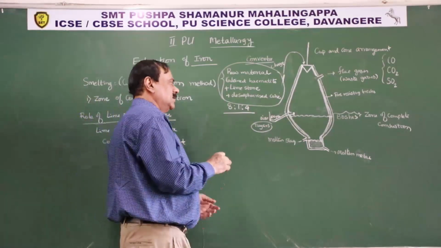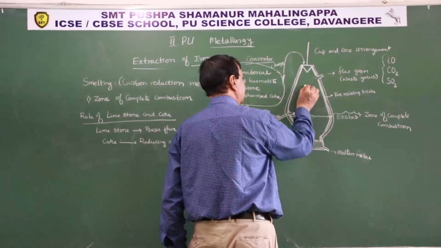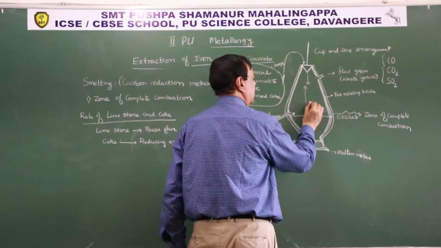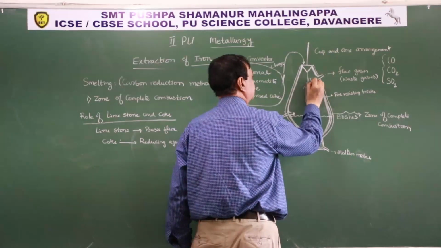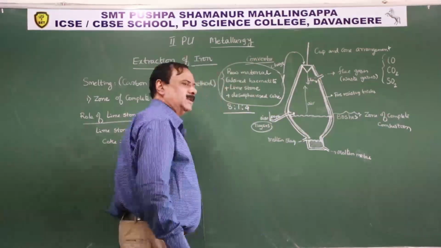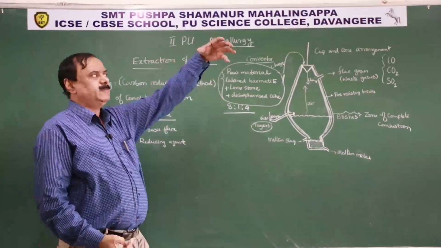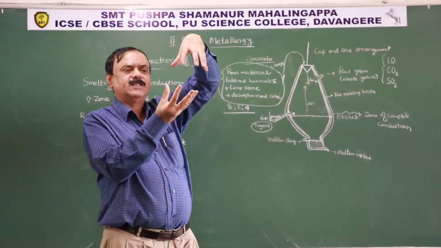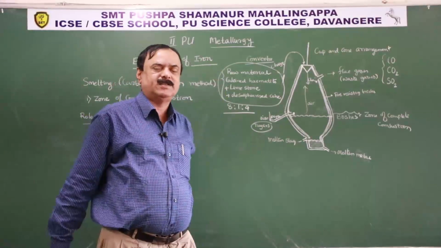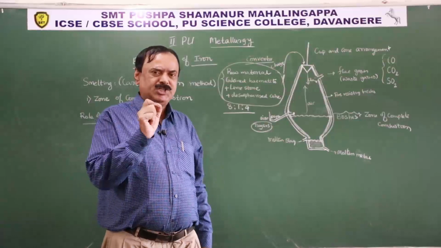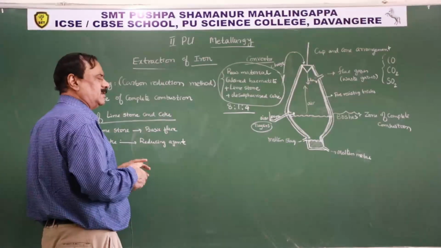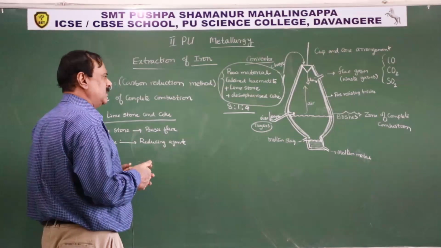As the air ascends and the charge descends, they meet somewhere. At this stage, the carbon is oxidized to carbon dioxide.